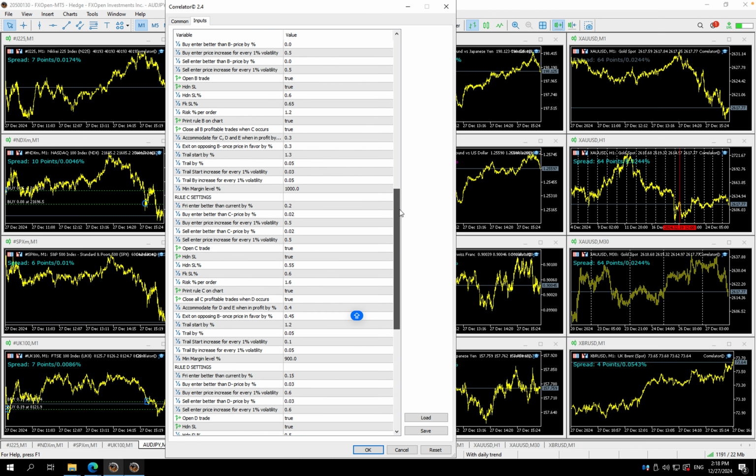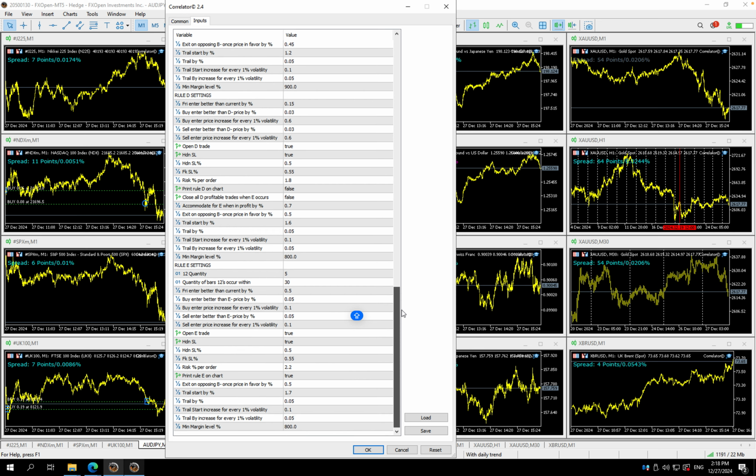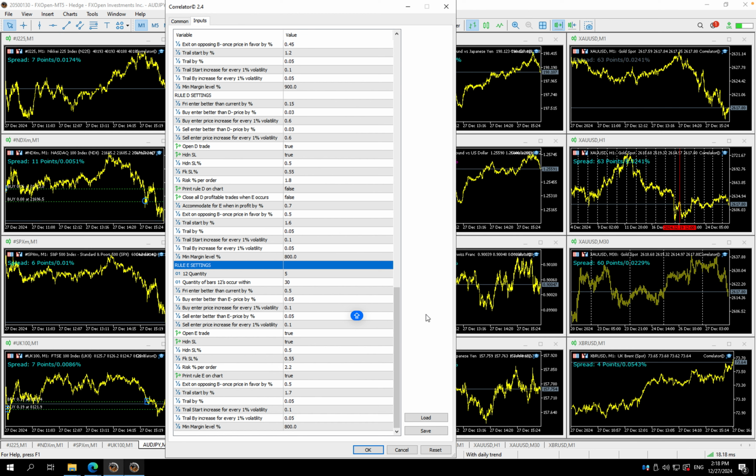There are 4 main trades: rule B, C, D, and E, and all kinds of custom settings can be entered for each, which would vary the results massively.